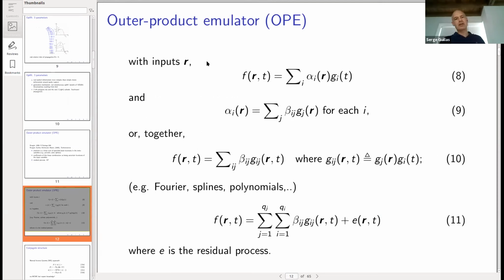So R is input. So if you have a function of time, but also of the inputs, you can expand this function using basis, so direct products here of functions of the inputs and function of time. So it's a strong assumption in some way, but if you're smart about the type of functions that could be used in order to reproduce the phenomenon of interest as much as possible, then you can probably get away with that assumption quite nicely, and the leftover will be a Gaussian process that soaks up the irregular variations, if you wish.